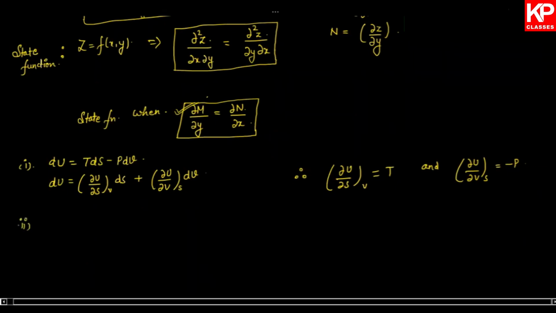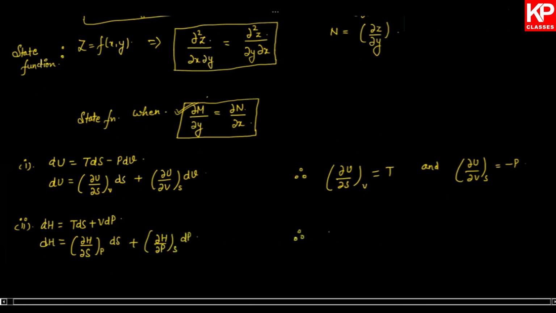Similarly, the second equation was the enthalpy part, that is dH equals TdS plus VdP. We can also write dH as ∂H/∂S at constant pressure dS plus ∂H/∂P at constant entropy dP.